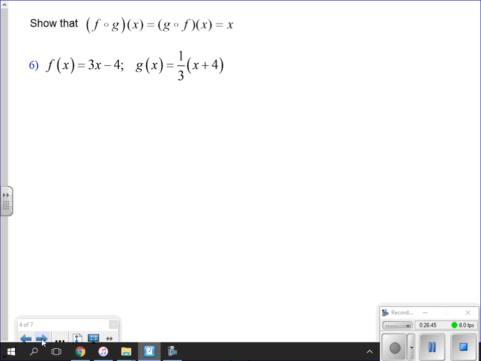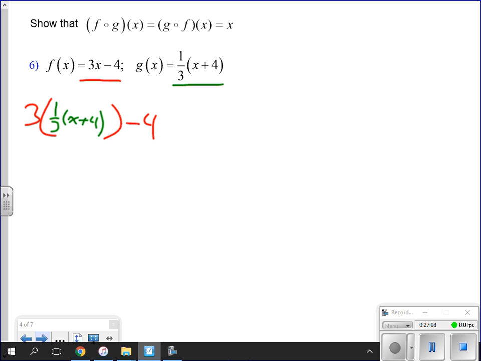So f is 3x minus 4. This is g. This is f. So the first thing I'm going to do is I'm going to take g, stick it inside f. So I have 3 times whatever g is minus 4. And g is 1/3 x plus 4.